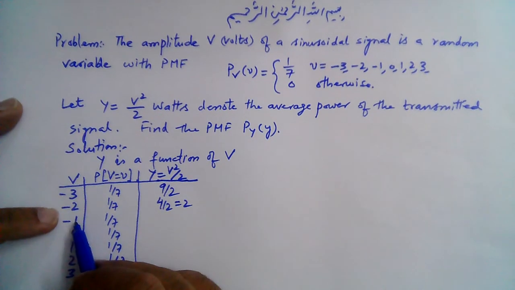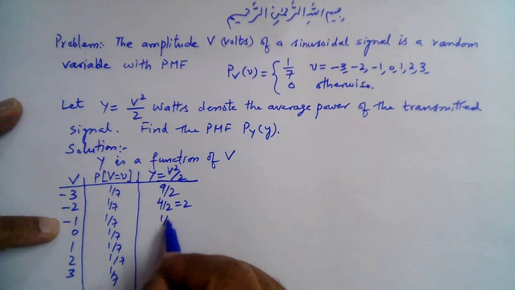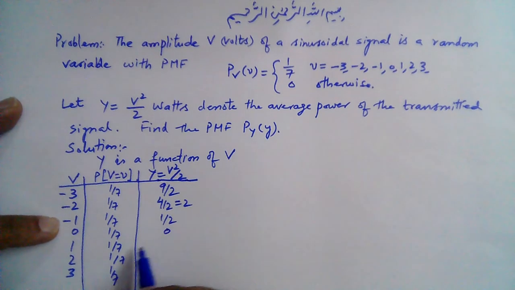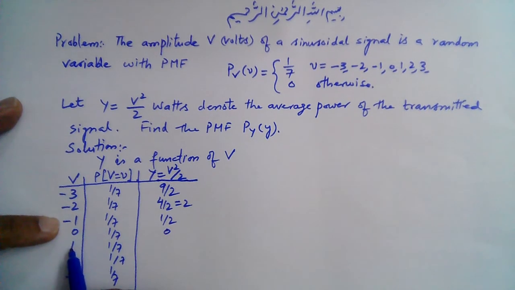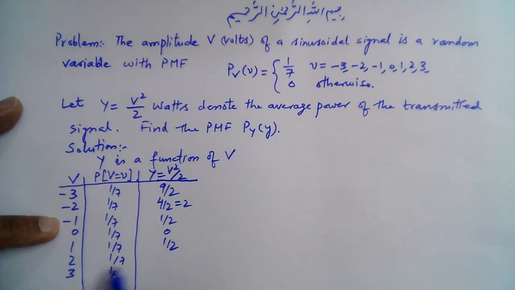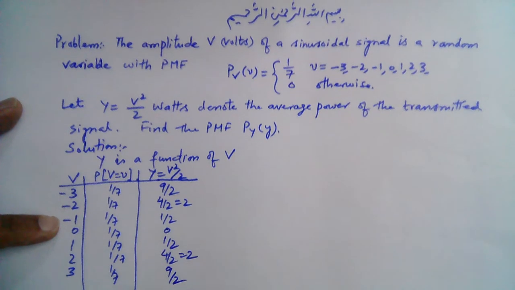Then V is equal to -1, then Y is equal to 1 over 2. Similarly, when V is 0, Y is also 0. But when V is equal to 1, it takes on the same value as when V was -1. So this is again 1 over 2 here, and here this is 4 over 2, which is equal to 2, and here it is 9 over 2.